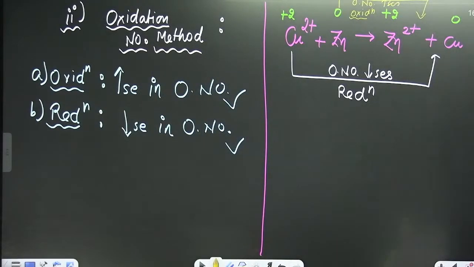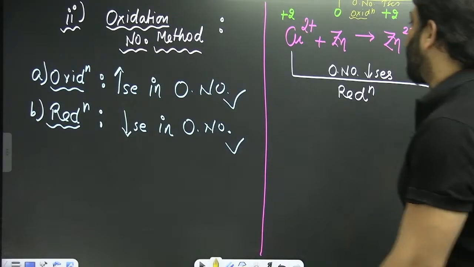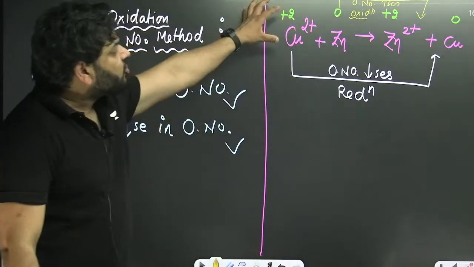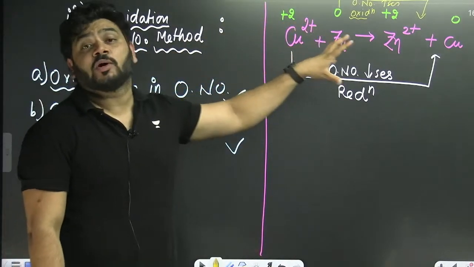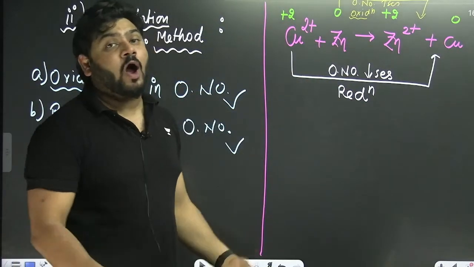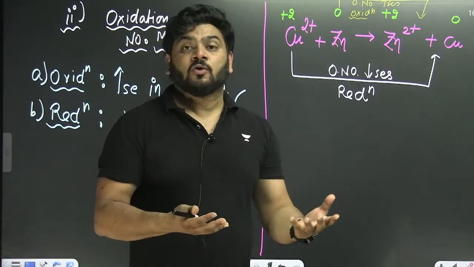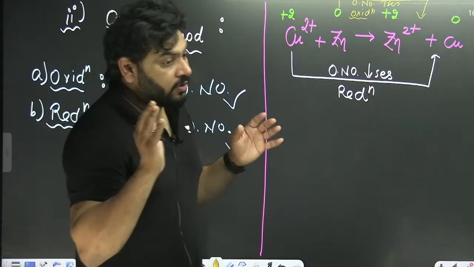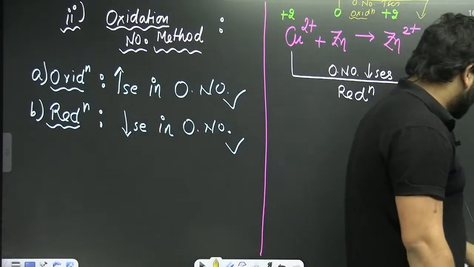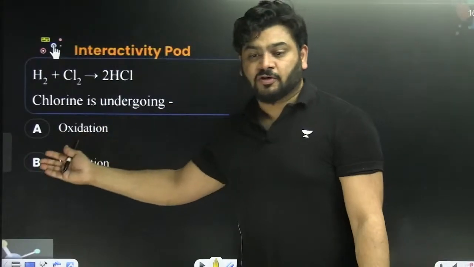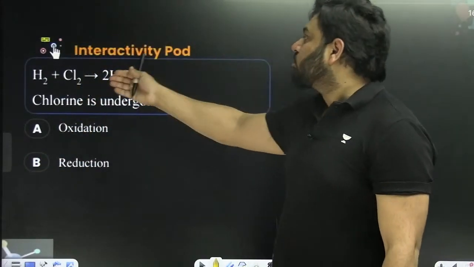They happen in the same reaction simultaneously, and neither occurs first; both occur exactly together. Finding the oxidation number is a task for us, because if we know well how to find it, we can easily find the nature of the process, whether it's oxidation or reduction. So before finding the oxidation number, let us solve some questions. The very first question in front of us: hydrogen and chlorine are adding.